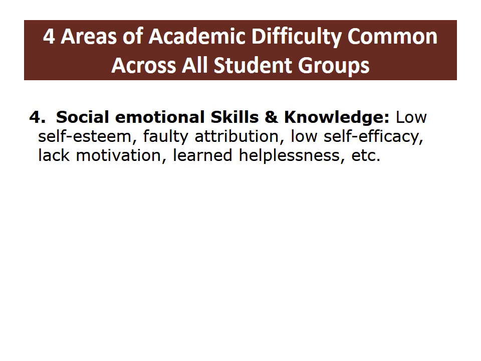Faulty attributions. If you remember, some students don't understand and don't know why they aren't doing well, and they'll attribute it to things outside of themselves. They'll attribute it to something, like you don't like them, or they didn't have as much help as someone else.